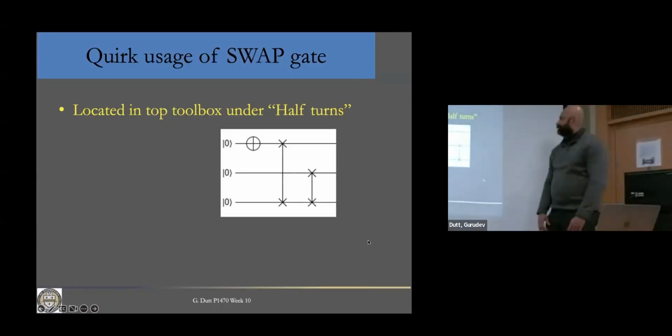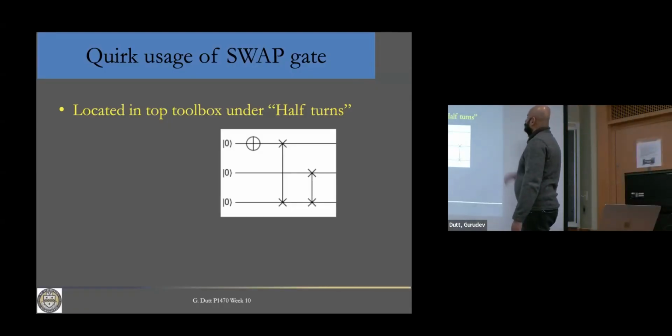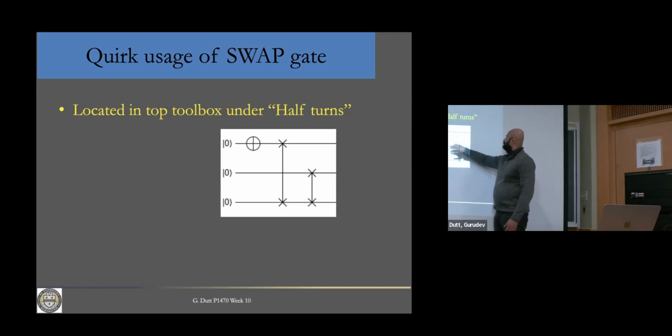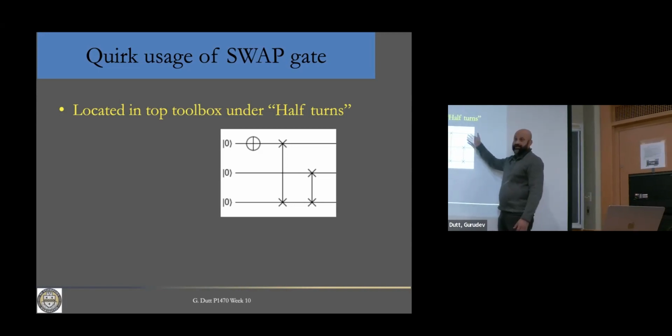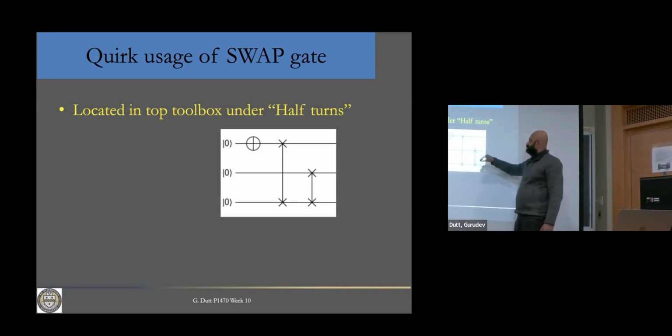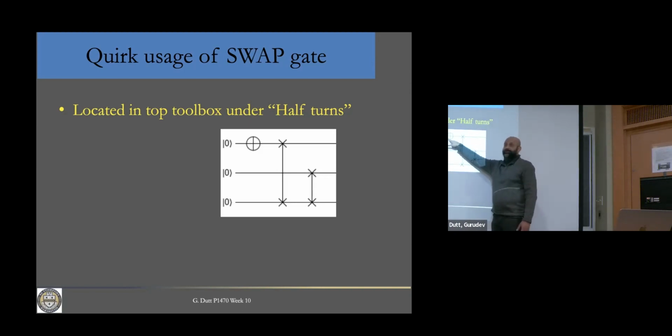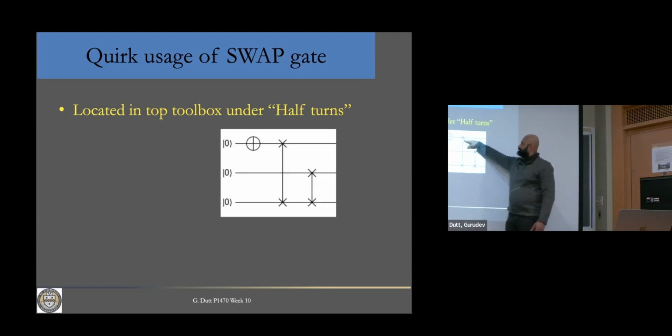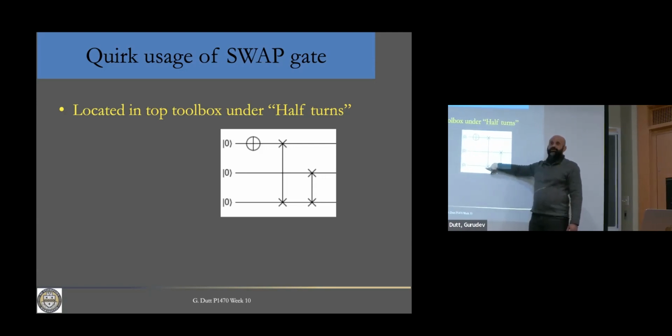Okay, we're back here. So coming back to the circuit, before we simulate it, let's try to understand it, which we can do in this simple case. As I said, 0 will flip over to a 1 due to the NOT gate. Then this is a swap between the leftmost qubit, which is this one here, and the rightmost qubit. So 1 will go over here, 0 will come over here.